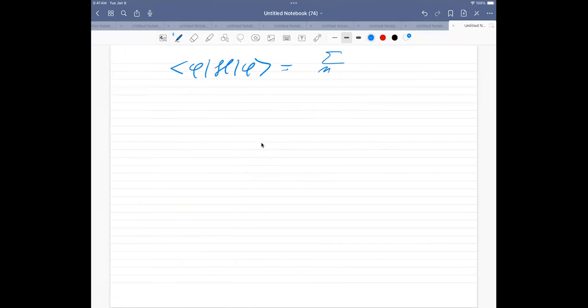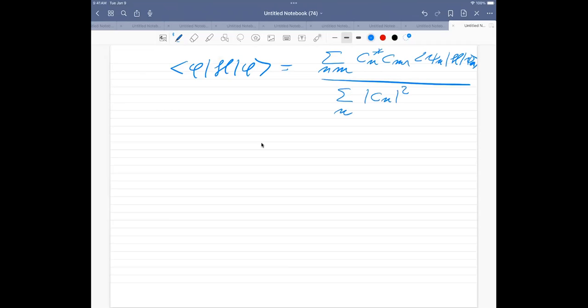So I would have n and m, and then I would get a C of n complex conjugate, a C of m, and then I have my basis, psi of n with psi of m here, divided by a normalization constant, which is now running like this.